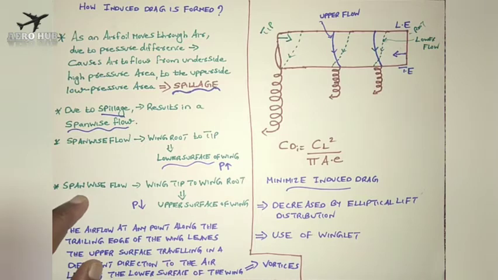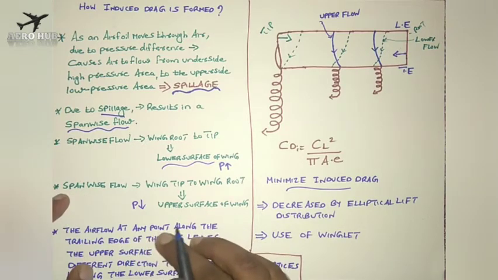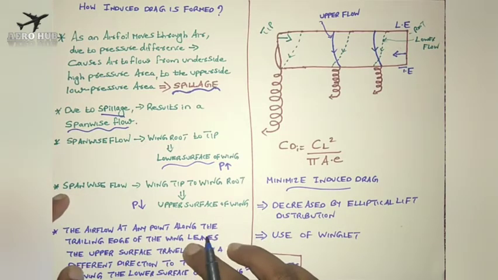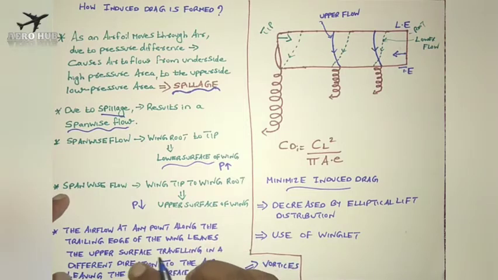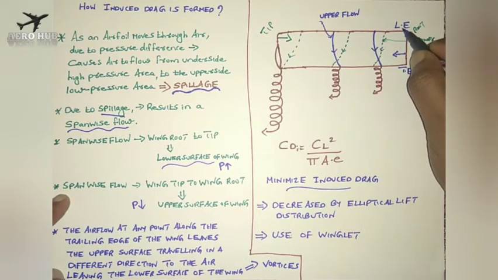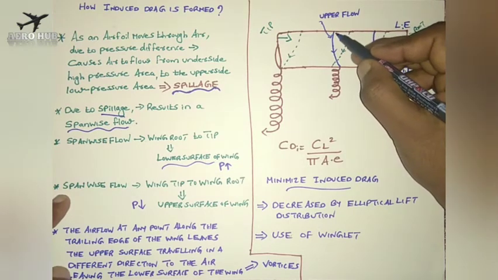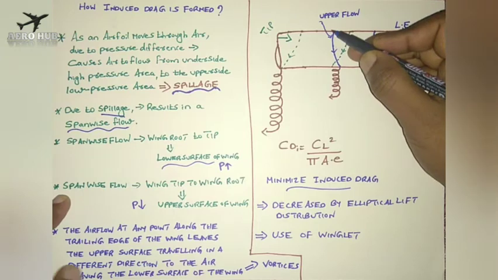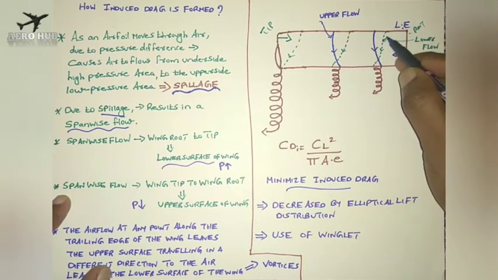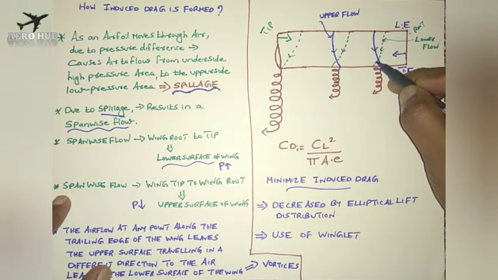You can see the airflow at any point along the trailing edge of the wing leaves the upper surface traveling in a different direction to the air leaving the lower surface. This is the leading edge of the wing, this is the trailing edge, and this one in blue color is the upper flow, and the one in green color is the lower flow.